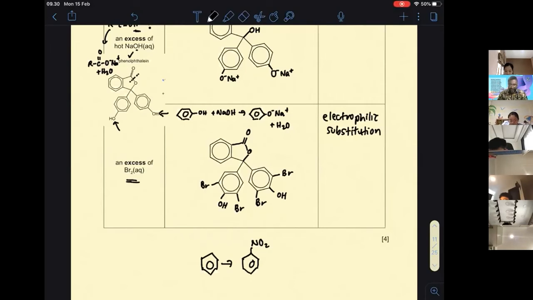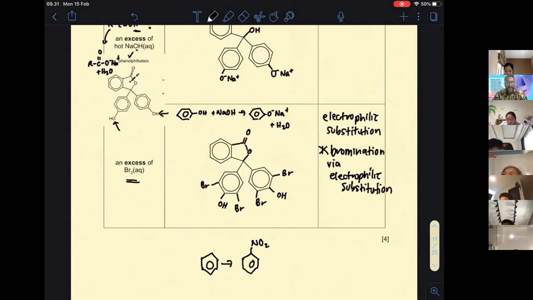So this is my suggestion, Aneta: you write bromination via electrophilic substitution. This is what I can suggest.